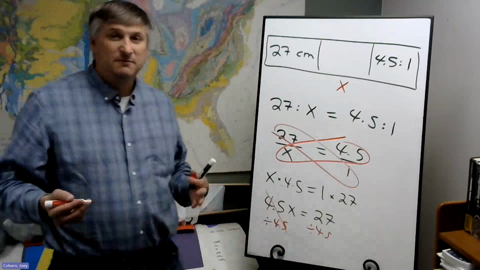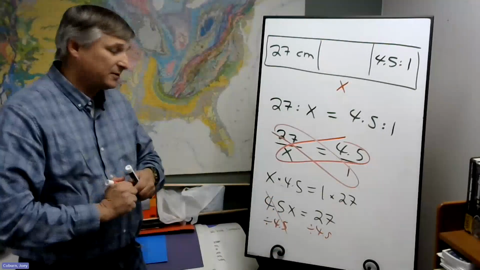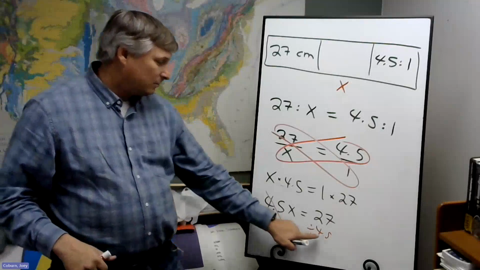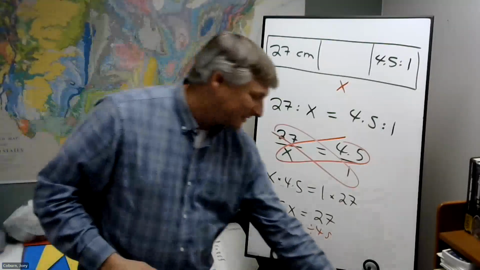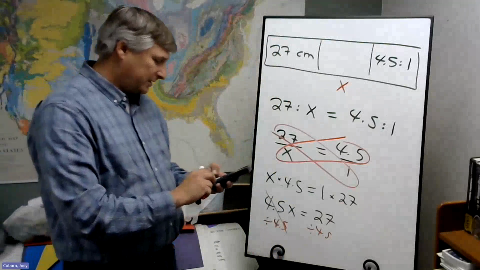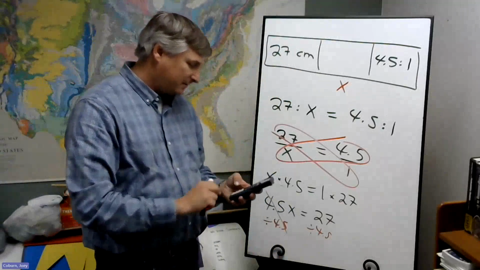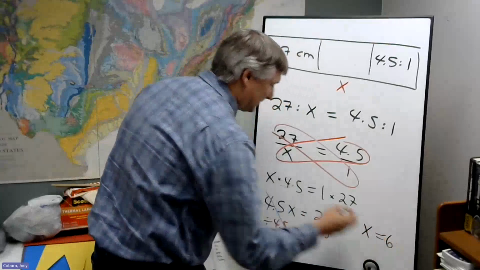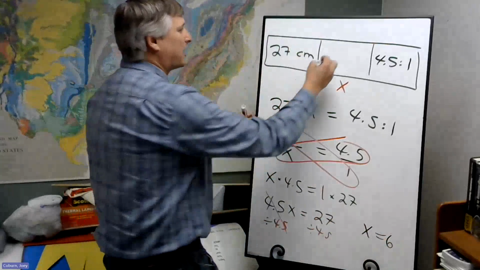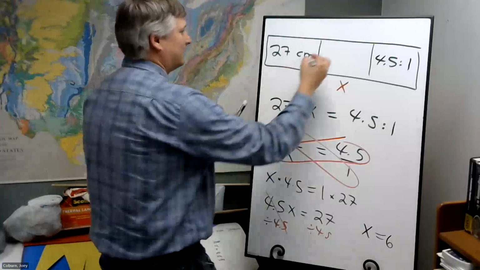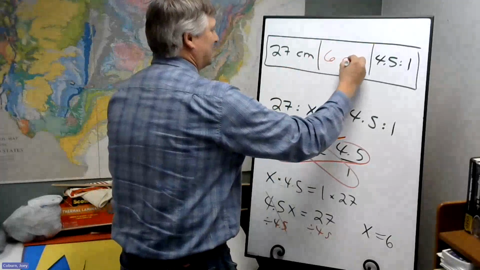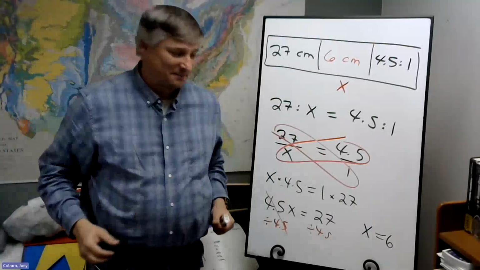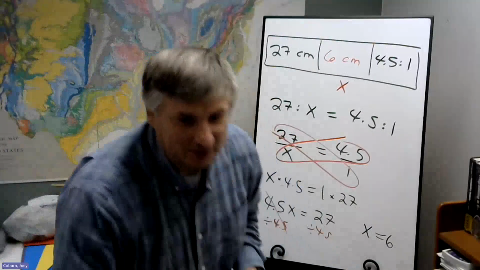And again, division is the opposite of multiplication, so that's why we divide it. So those can cancel, but we did the one side, we have to do the other. And so what we find, 27 divided by 4.5 is 6. So x is 6. And so in our chart, we would put in 6 centimeters. And that's it.